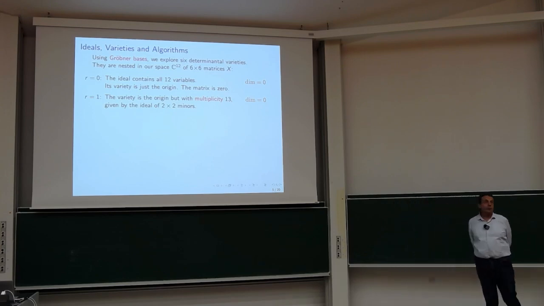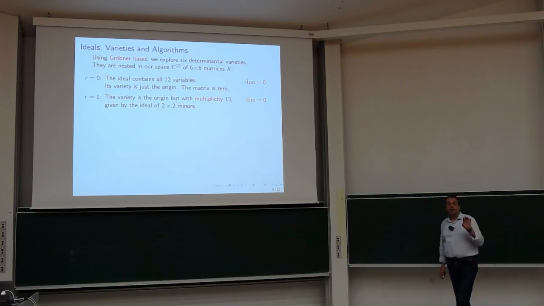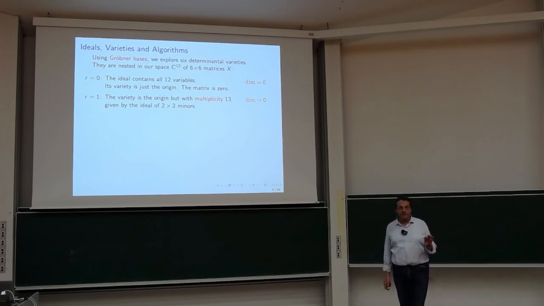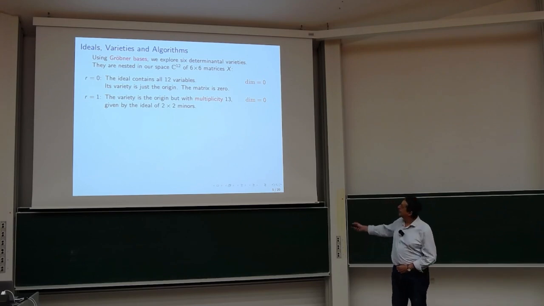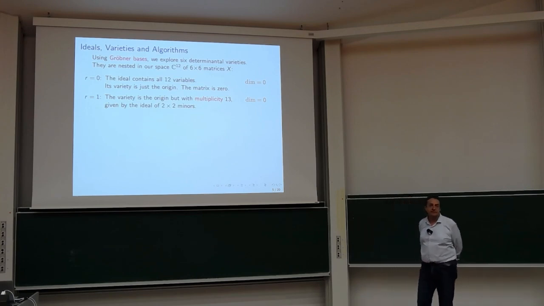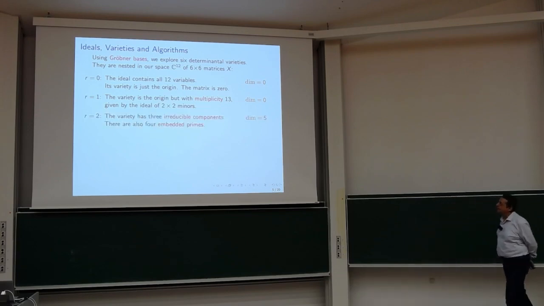So what I'm going to do on this slide, I'm going to highlight nouns in red and adjectives in blue. Okay? So for example, Gröbner basis is the workhorse and multiplicity is a technical term. It just says it's sort of a chunky fat point.